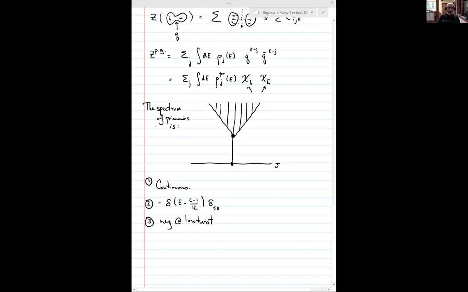What do I mean by that? I mean that if you just look at that function that you get, and you look very, very close to this extremality bound, you actually find that the density of states is continuous and negative. Okay.